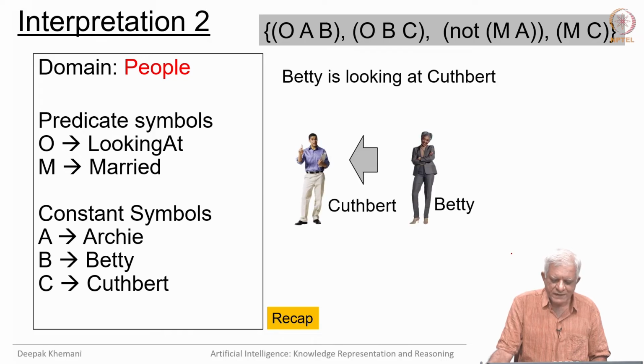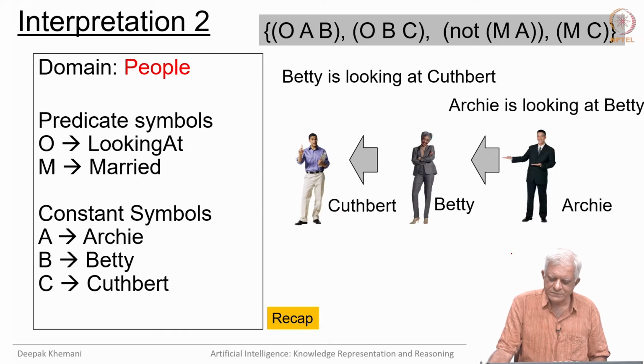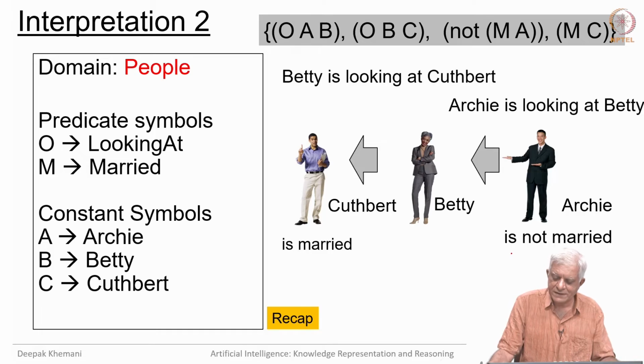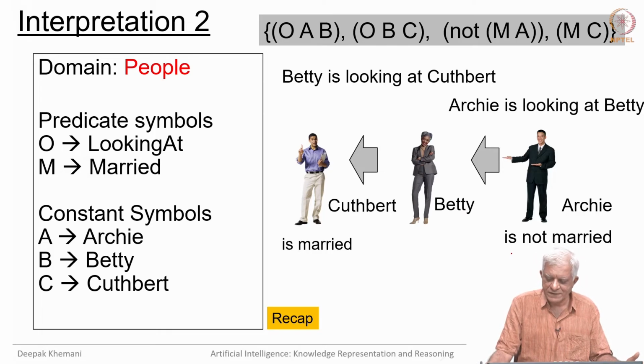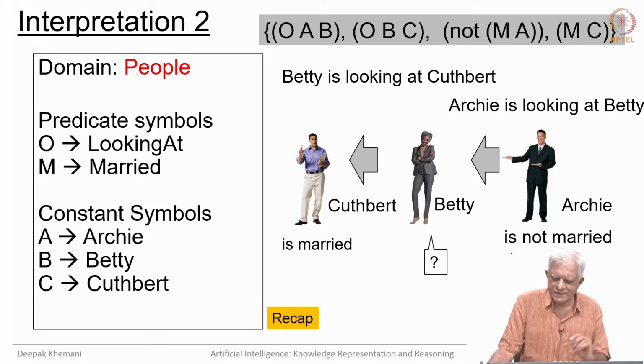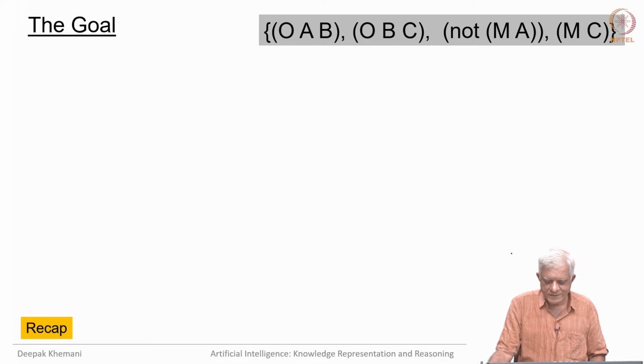Then that same knowledge base is interpreted as: Betty is looking at Cuthbert, Archie is looking at Betty, Archie is not married, Cuthbert is married, and we did not know about Betty, because it is the same knowledge base, we do not know about that middle element as to whether the property M, which in this case happens to be married, is there or not. So, that was what has been given to us.